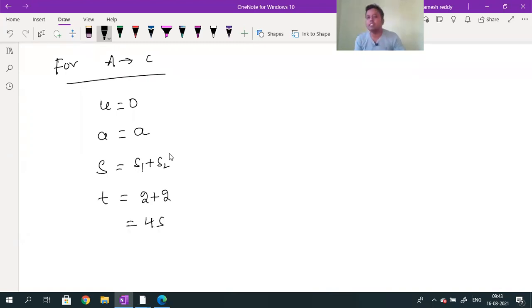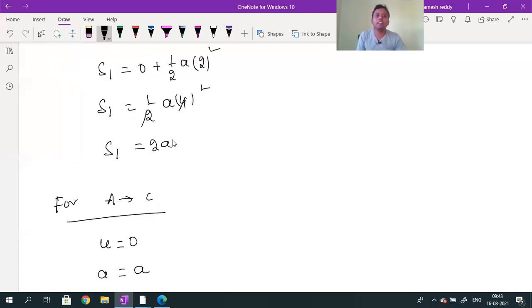Is it clear, students? Here I need to write 2 square, not 4 square. 2 square value is 4. 2 ones are 2, 2 twos are 4. The answer will be 2a.